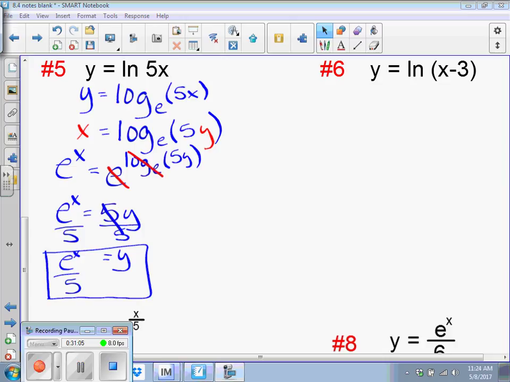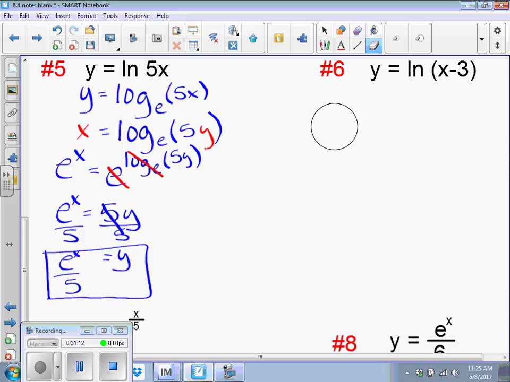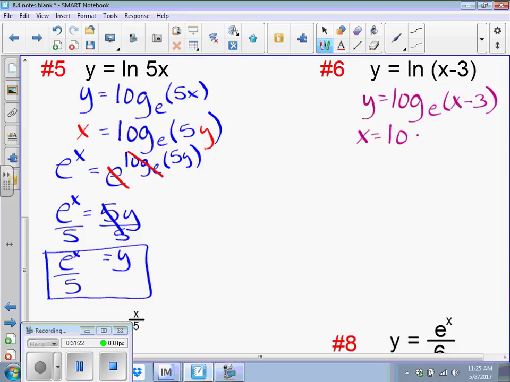Now try number 6. Change it to log first, or regular log. So y equals log base e of x minus 3. Then switch x and y.